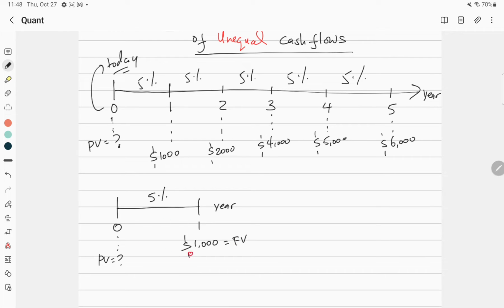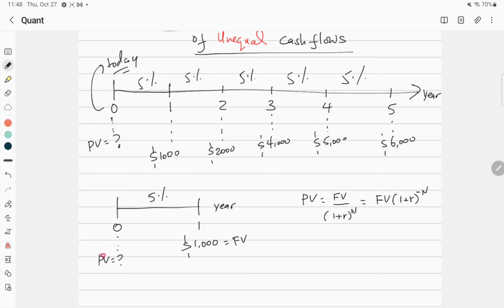If we only have this one-time future value payment, how do we calculate the present value? We calculate present value as future value divided by 1 plus the interest rate raised to n, which is simply future value times 1 plus r raised to minus n.